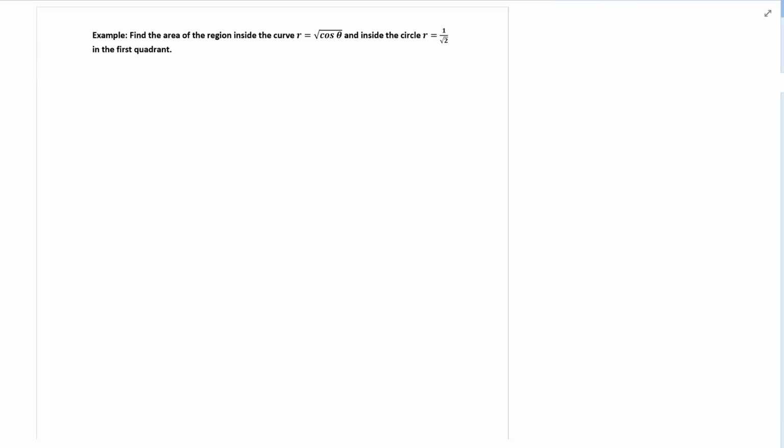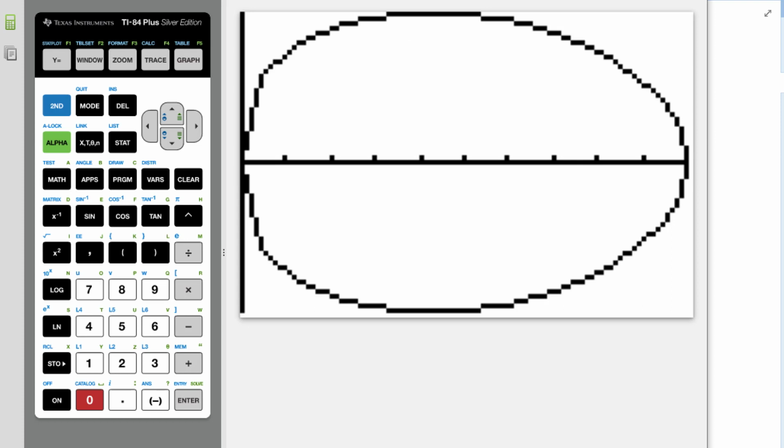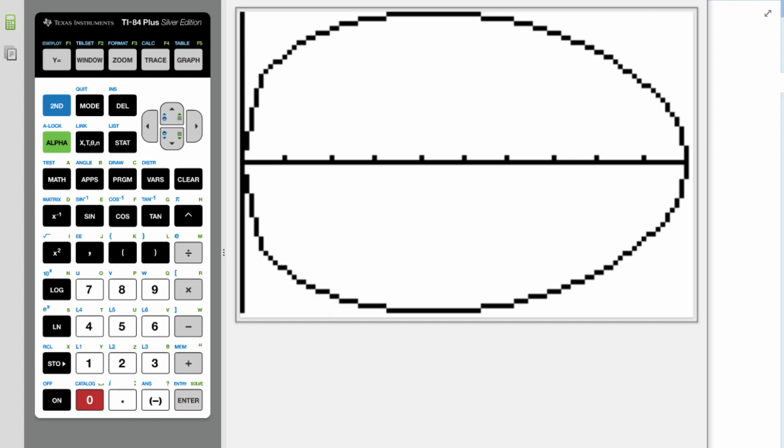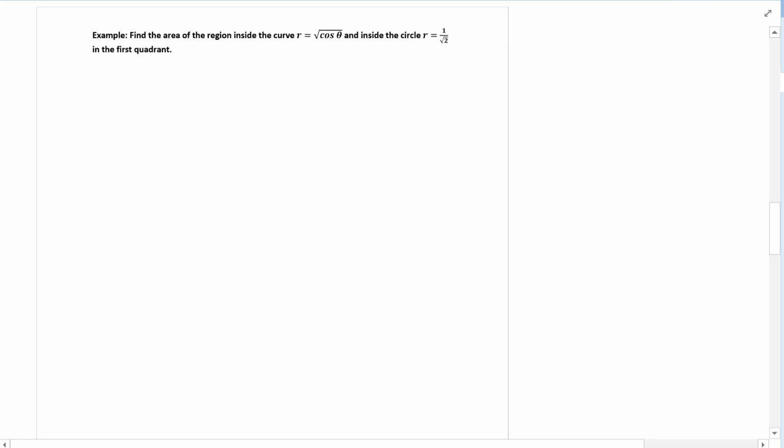So let's solve this problem. Find the area of the region inside the curve r equals square root of cosine theta and inside the circle r equals 1 over square root of 2 in the first quadrant. So let's remember how the graph looks for square root of cosine theta. I'm going to graph it, because if we have a picture of what we want to find, it's much easier to solve.